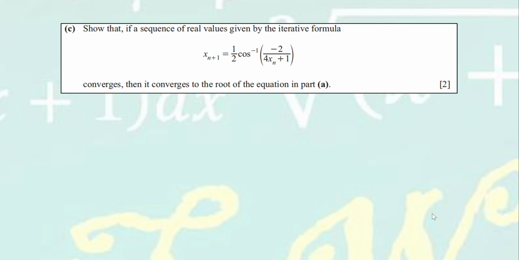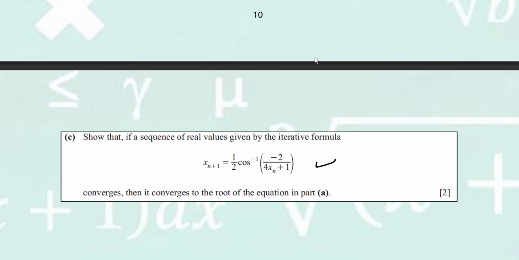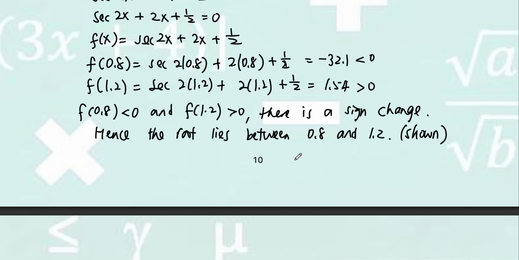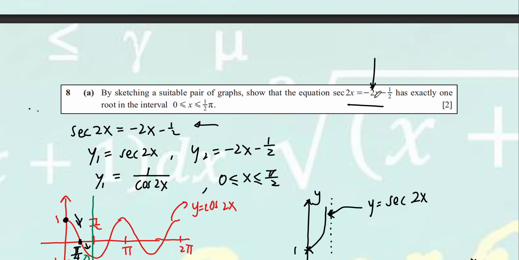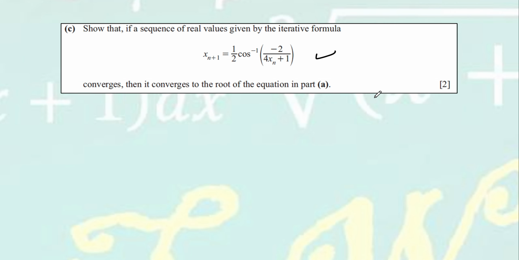Okay, now C, show that if a sequence of real values given by this formula converges, it converges to the root given in part A. So basically, it means that you need to show from this formula until you get the equation in your part A. So that means the equation needs sec 2x. So we need to rearrange.